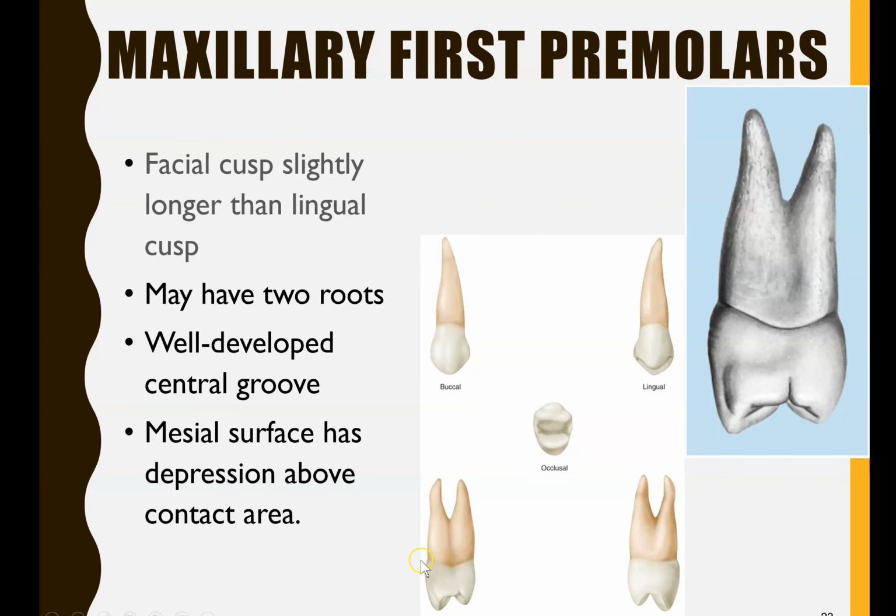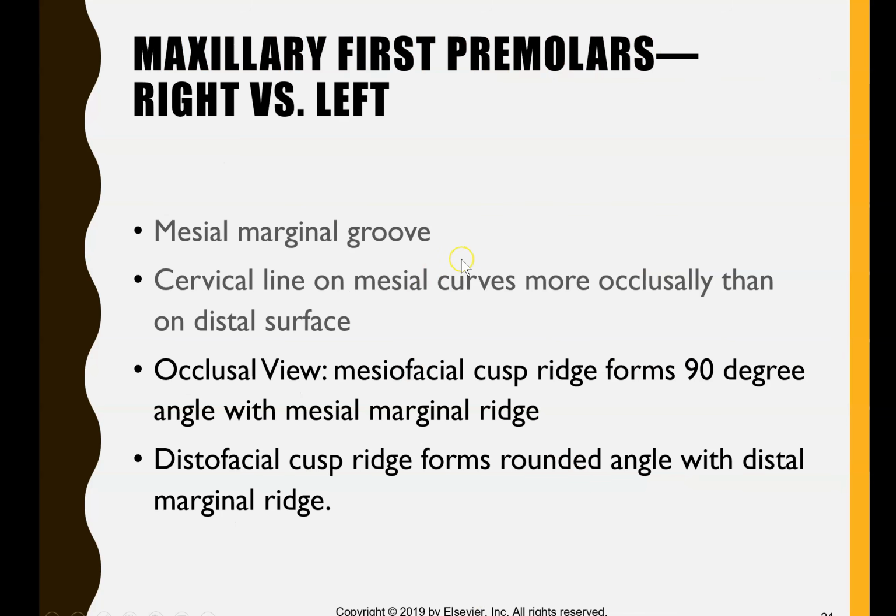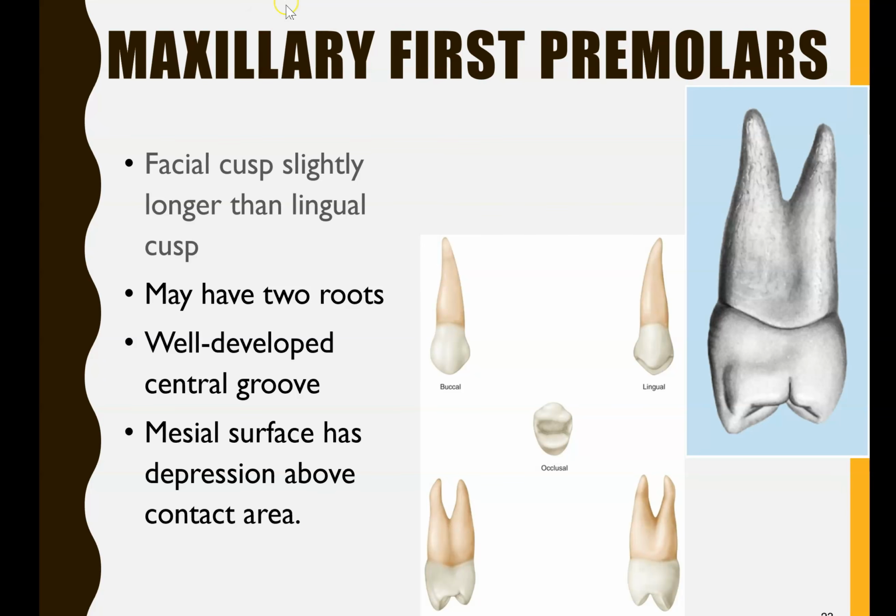Do you see how the facial or buccal cusp is larger, taller compared to the lingual? So that's something unique about the maxillary first premolar. One cusp is higher compared to the other cusp. So the facial or buccal cusp is higher compared to the lingual cusp.